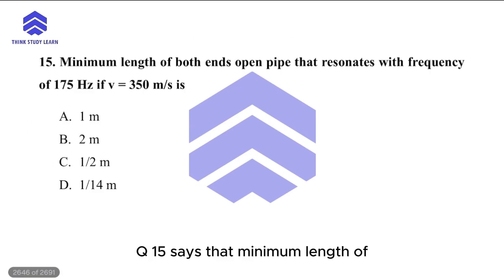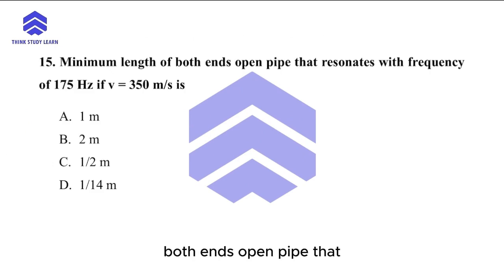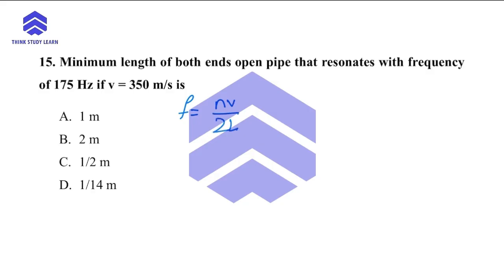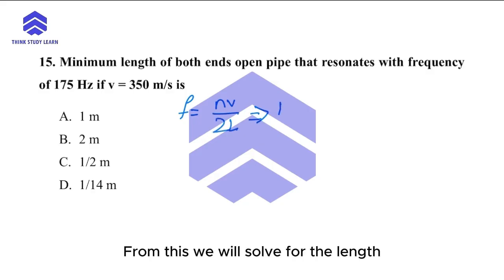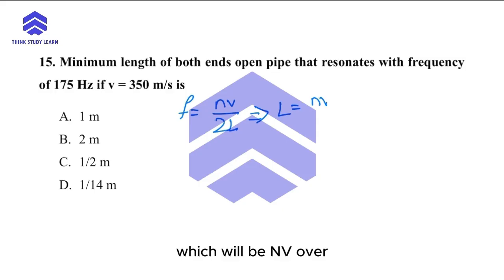Question 15 says that minimum length of both ends open pipe that resonates with frequency of 175 Hz if velocity is 350 meter per second is. We know that in an open pipe, the frequency is equal to N V over 2L. From this, we will solve for the length, which will be N V over 2F.